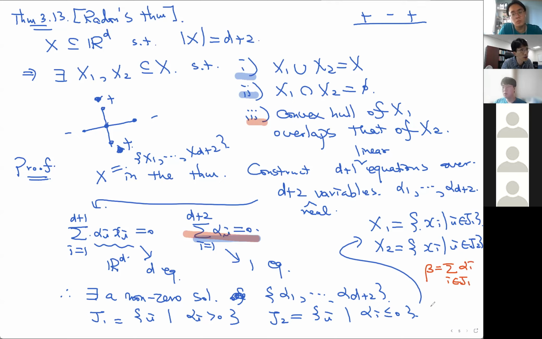Then this one is the same as the sum of the negative alpha_i. If we use this fact, together with the other equality that we have here, then we can show that number 3 is actually true as well.